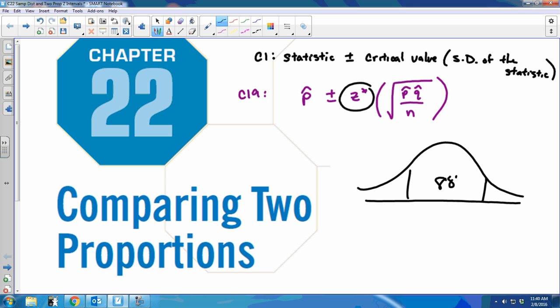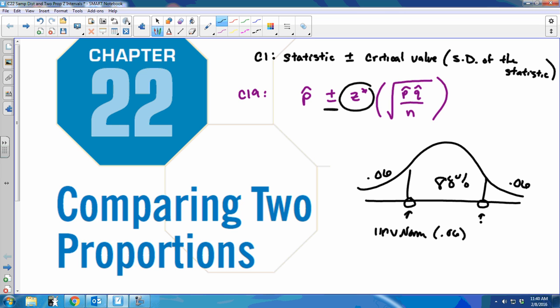And so that means there's 12% left over, and so there's 6% on each side. And you're looking for these two values, right? So if you use inverse norm and put in 0.06, it's going to give you this one. And then there would be a positive version over here. That's why there's a plus or minus. Okay? Good. We're going to be using all of these things today.